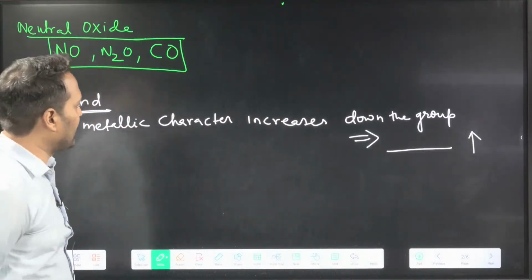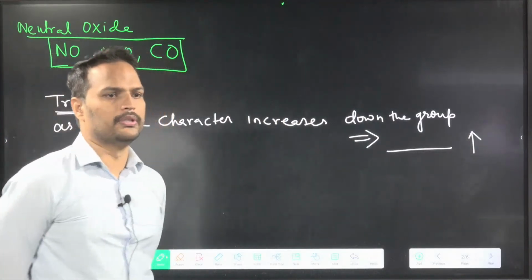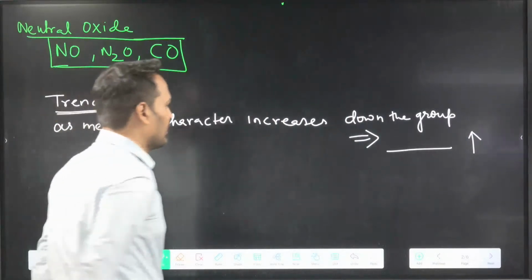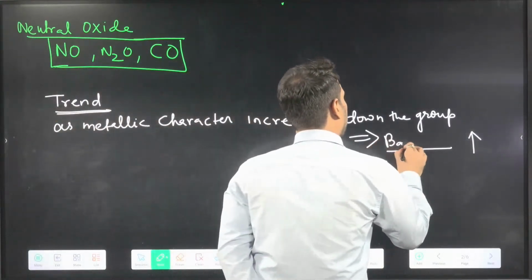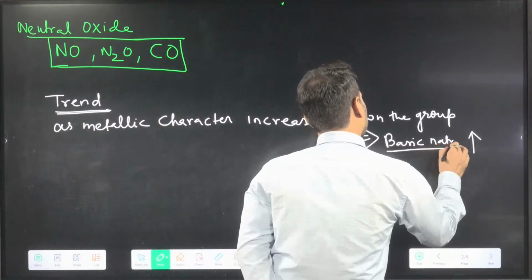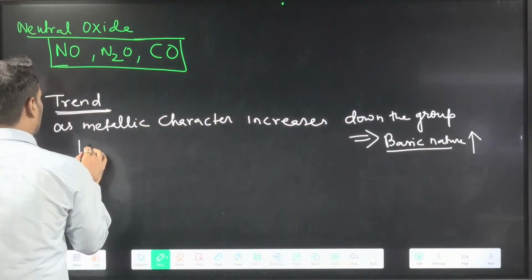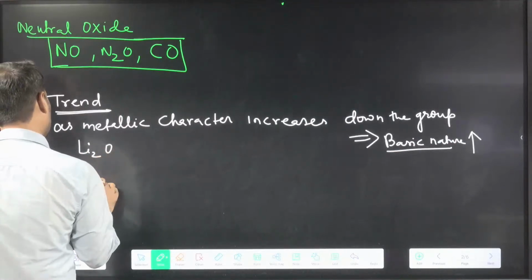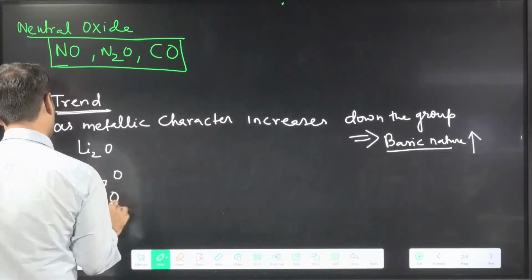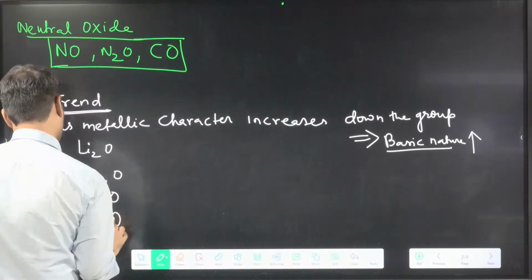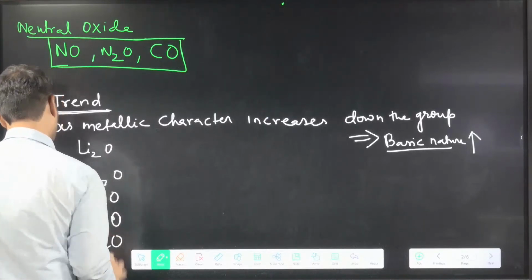As metallic character increases down the group, basic nature increases. Suppose I am talking about Li2O, Na2O, K2O, Cs2O, Rb2O. Then what will you say?